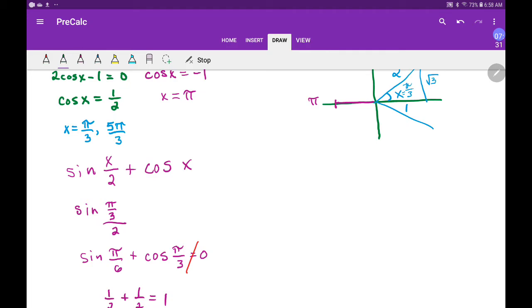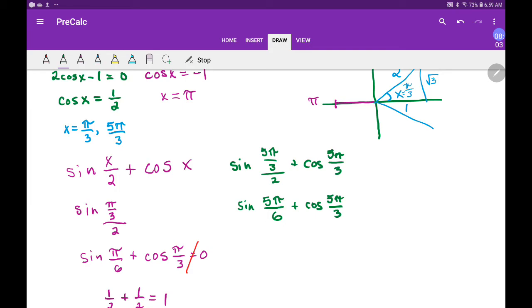We try the sine of 5 pi over 3 over 2. So this is going to be the sine of 5 pi over 6 plus the cosine of 5 pi over 3. I should write that up there. Okay, so I'm plugging in new values here.